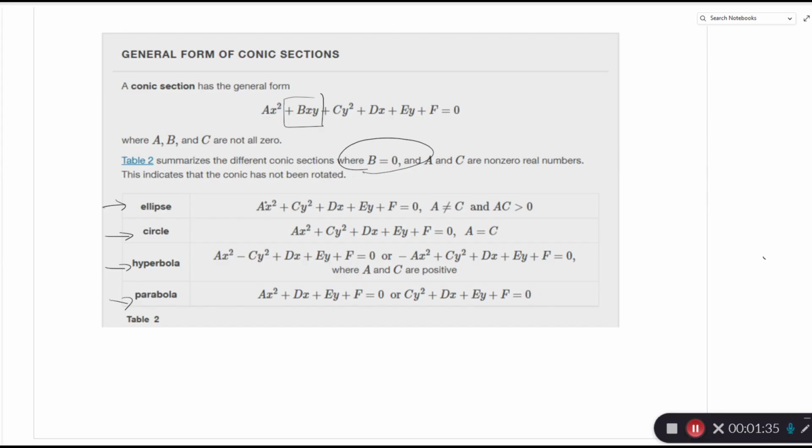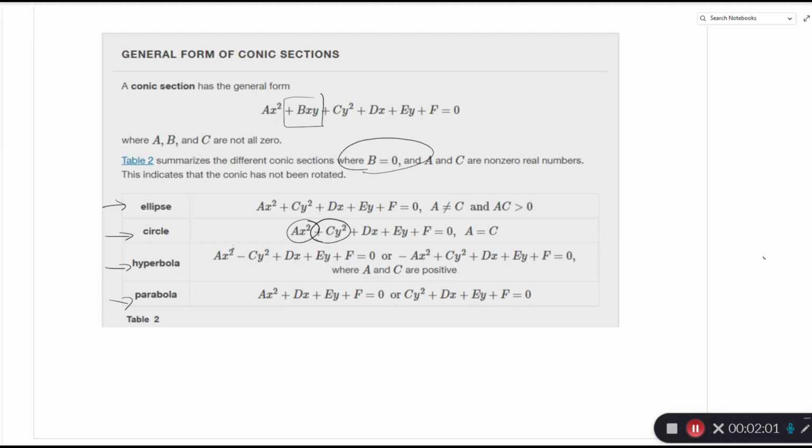If the a and the c, so the coefficient of the x squared and coefficient of the y squared, are of the same sign, so they're either both positive or both negative, then we have an ellipse. If they're exactly equal, we're going to have a circle.